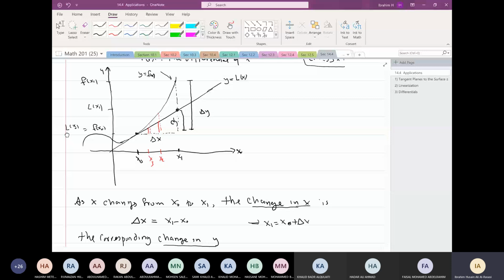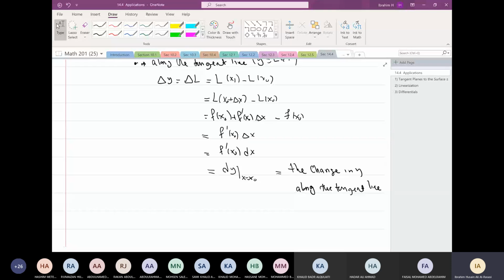For the application, when x is near x0, delta y is approximately equal to dy. You can approximate the change in y along the curve by the change in y along the tangent.